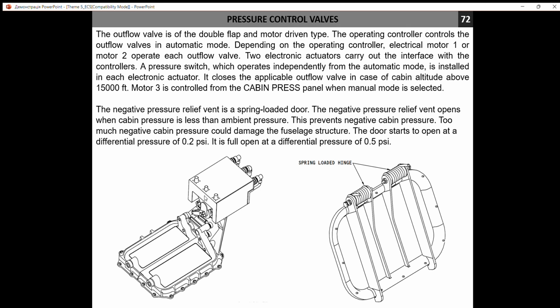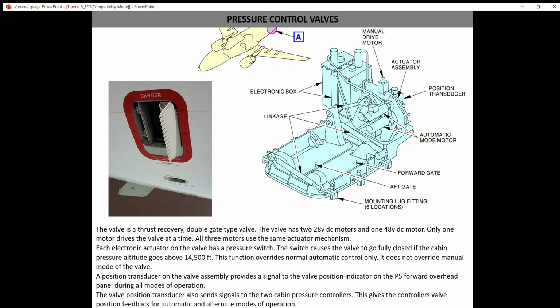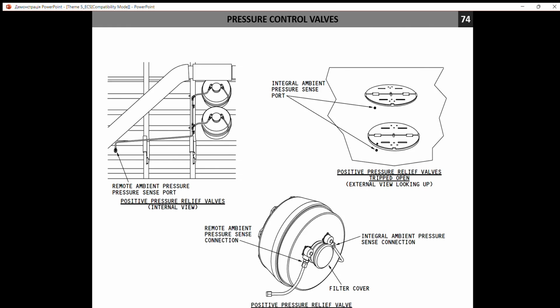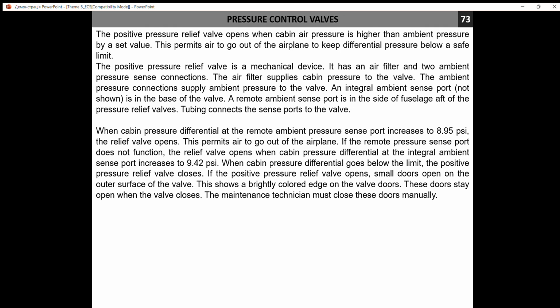In Airbus, in Boeing, in modern airplanes, it is electrically driven motors, with vanes that are opened or closed, and by this principle we may control the incoming or outgoing air of the airplane.